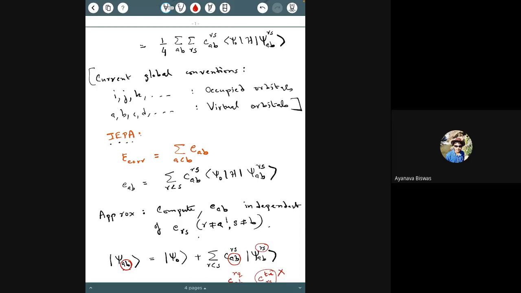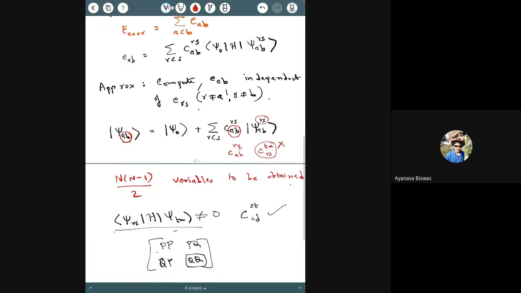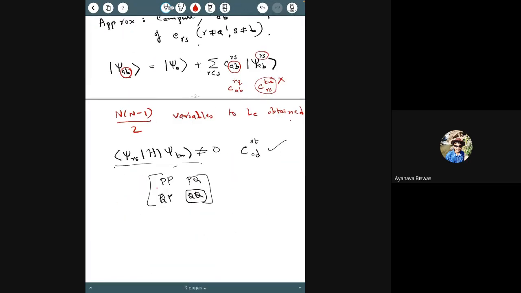So I am continuing with the old Szabo and Ostlund convention. But when I do coupled cluster, I will shift to the current conventions. So just a warning. Is that clear now? Okay, let me continue.